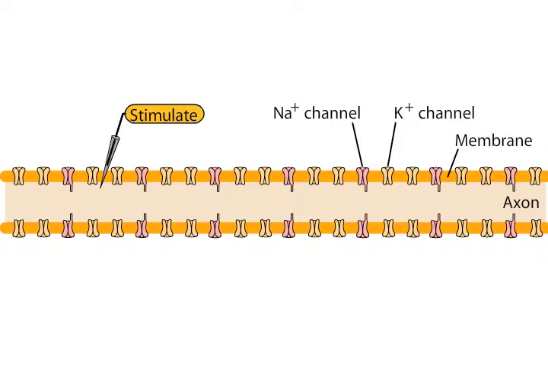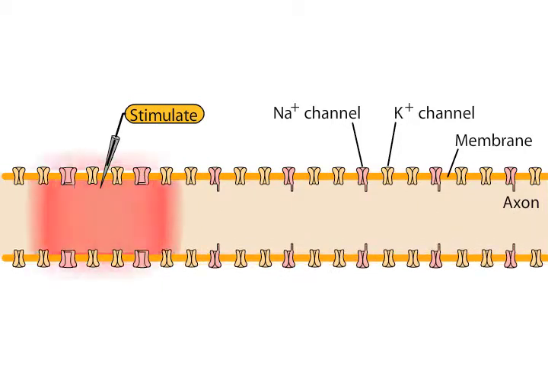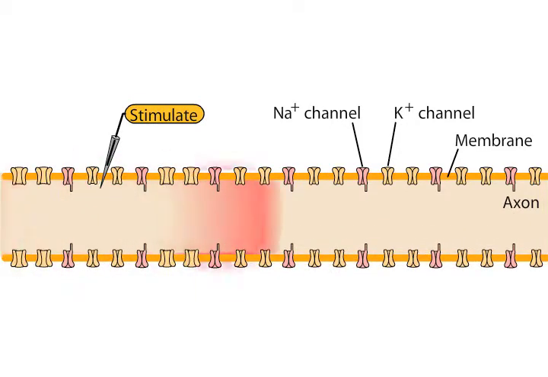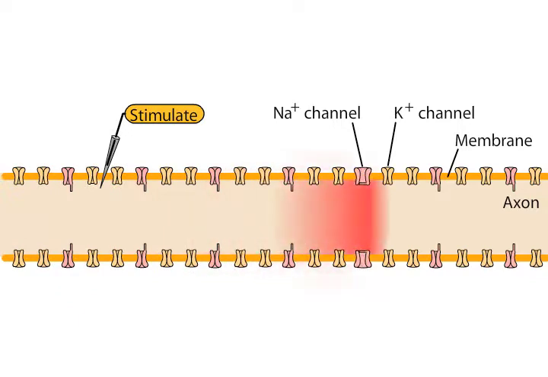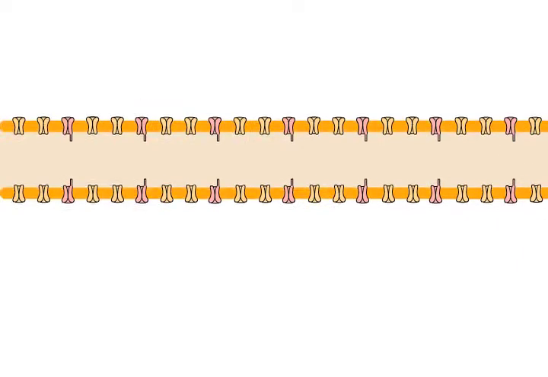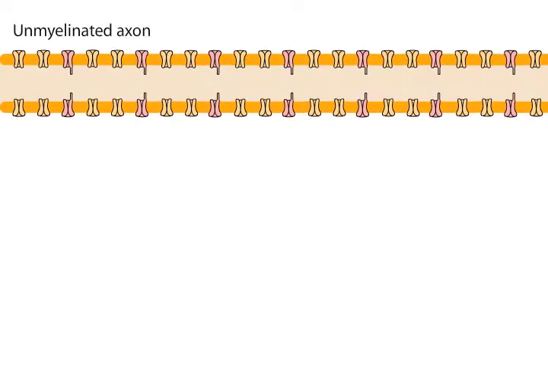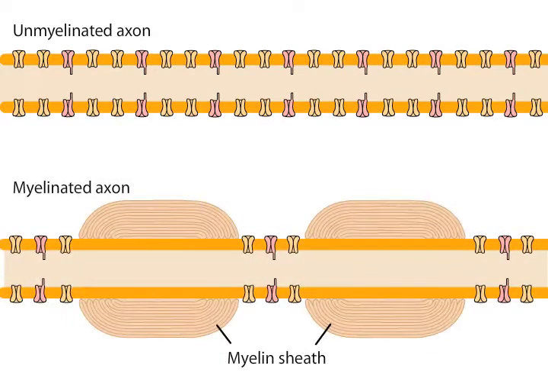One way of improving passive current flow is to increase the diameter of an axon, which effectively decreases the internal resistance to passive current flow. Another strategy to improve the passive flow of electrical current is to insulate the axonal membrane, reducing the ability of current to leak out of the axon and thus increasing the distance along the axon that a given local current can flow passively.